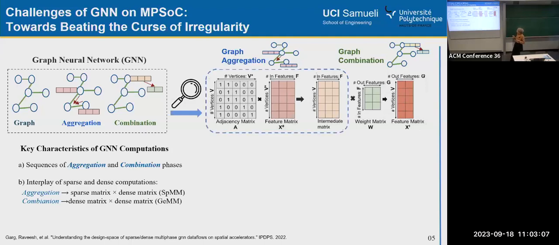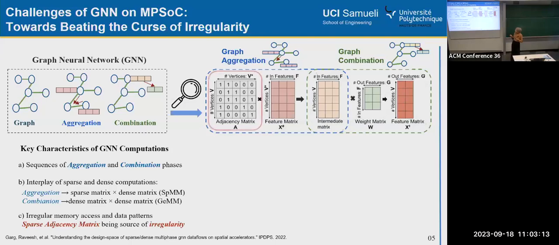operation. Also, these two operations will be invoked multiple times within the GNN network, creating what we call a multi-phase computation that will also lead to irregular data access patterns, especially when we have a high sparsity in the adjacency matrix. So in light of these observations, we can now summarize the following challenges.